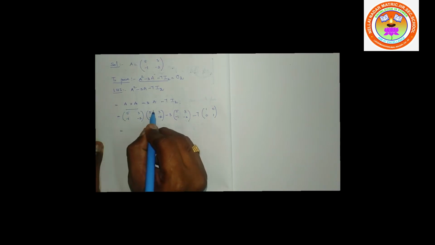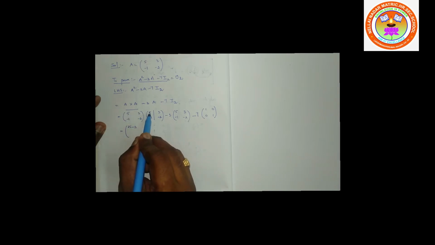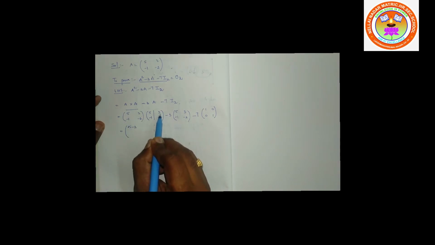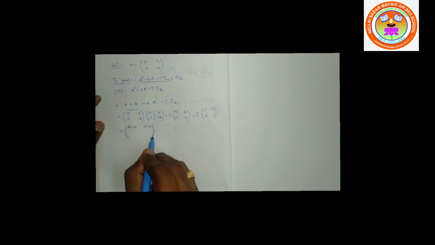So next, in 10th standard we have studied multiplication of two matrices. So we are going to multiply: 5 5s are 25, 3 into minus 1 is minus 3. Take the first row, multiply with the first column. The same first row multiplies with the second column: 5 3s are 15, 3 into minus 2 is minus 6.